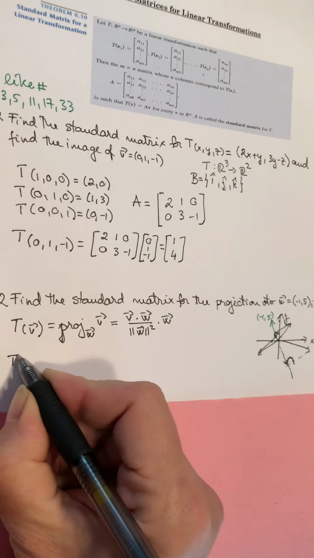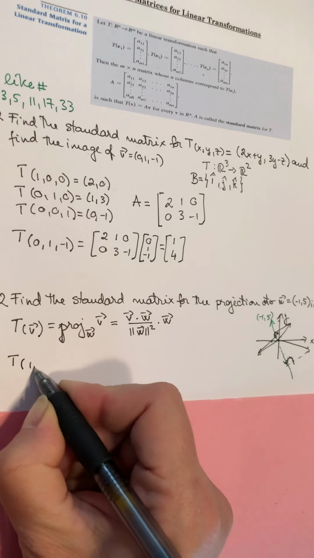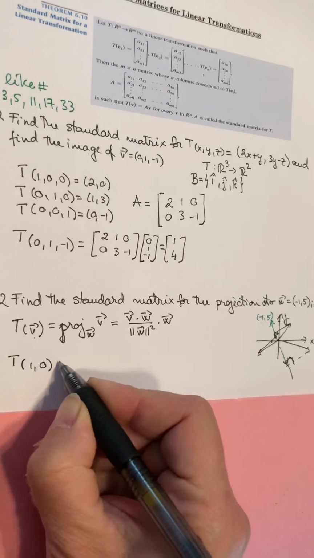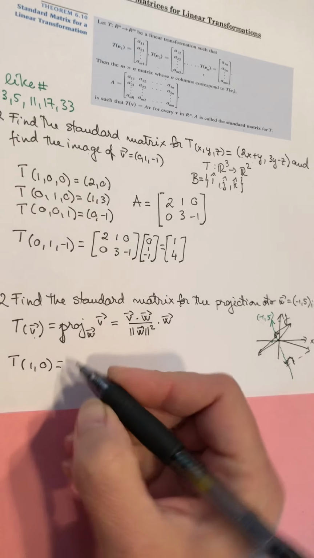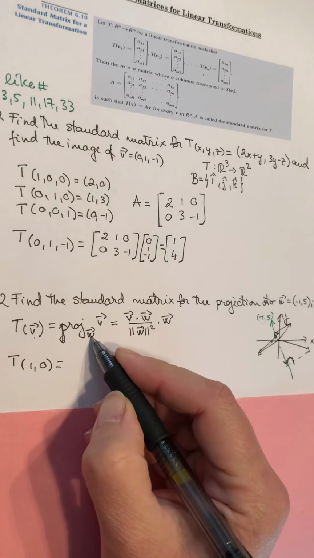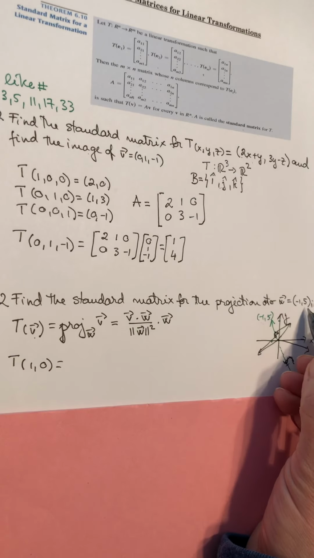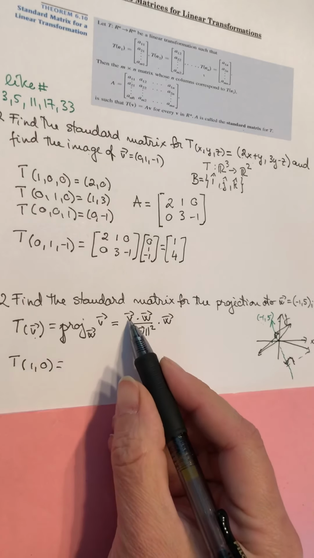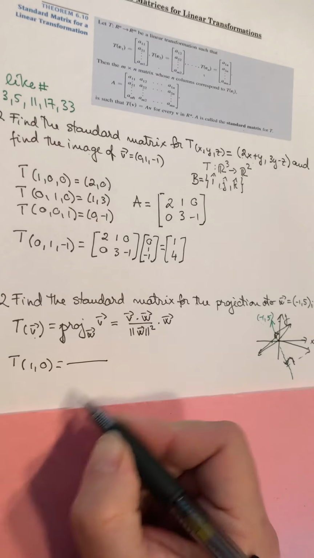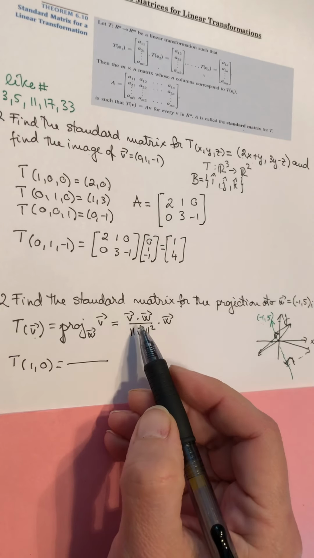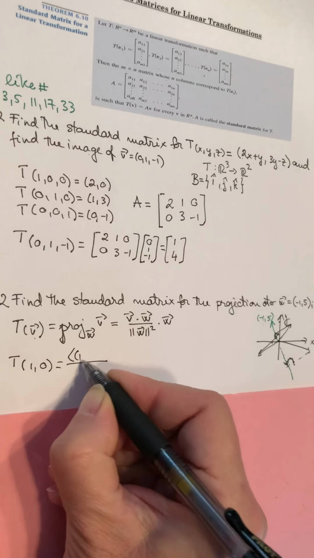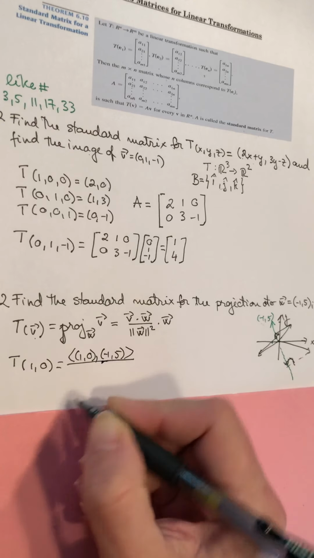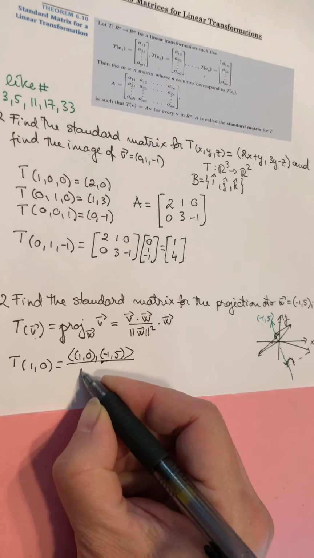So I want to look at the image of the vector I, which is 1, 0. So now my vector V, my changing vector, is going to be 1, 0. I want to see this guy's projection onto W. My W is negative 1, 5. So the orthogonal projection formula tells me to do the dot product of V times W. So I'm going to multiply 1, 0 with negative 1, 5, divided by the magnitude of W squared.